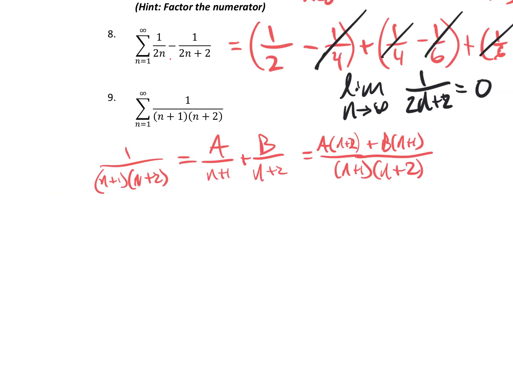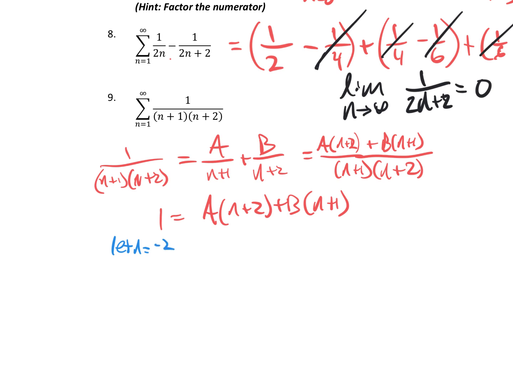And so 1 has to equal a times n plus 2 plus b times n plus 1. Now let n equal negative 2.